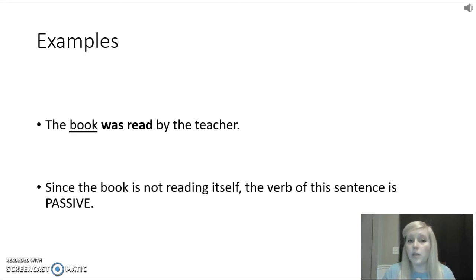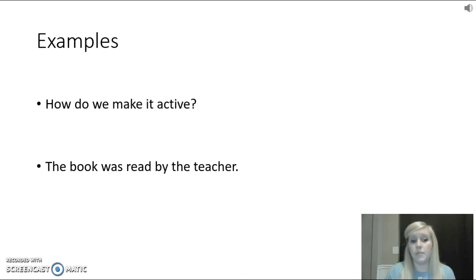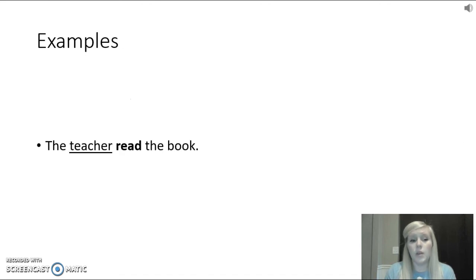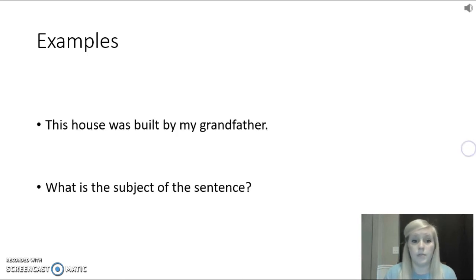But how can we change this sentence to make the verb active instead? Well, we would change the subject to teacher. So we would say, the teacher read the book. In this case, teacher is the subject and the one doing the reading, so now read is active.